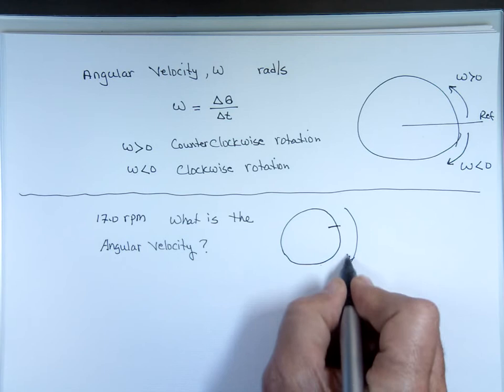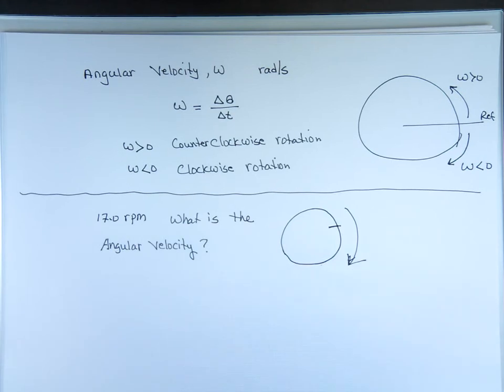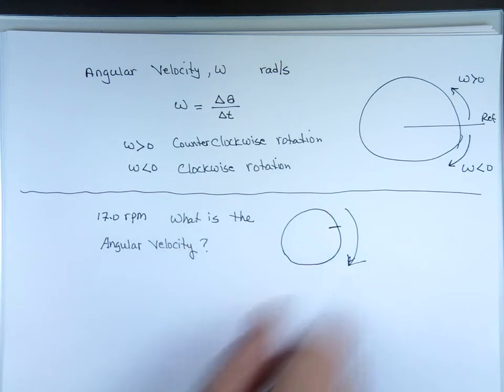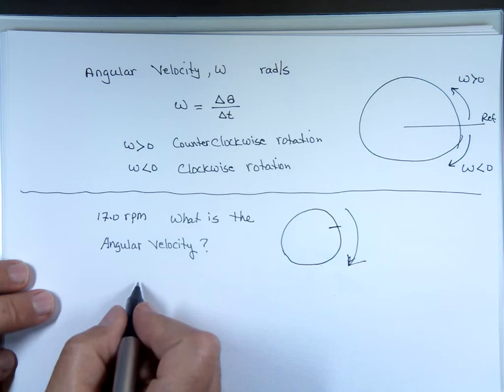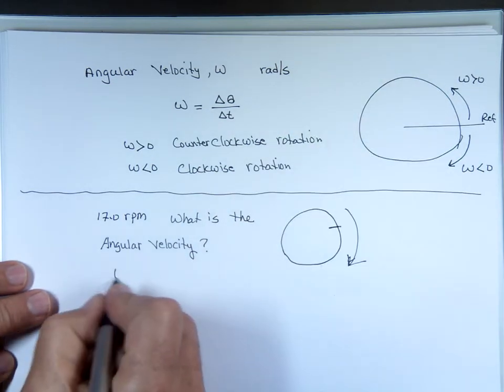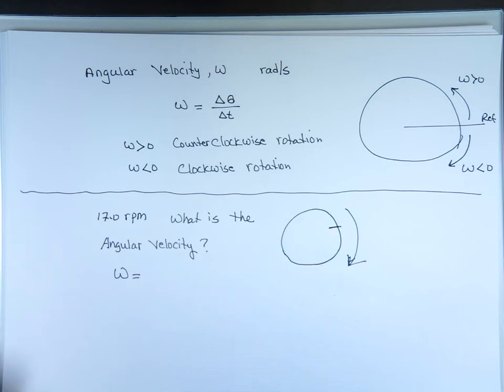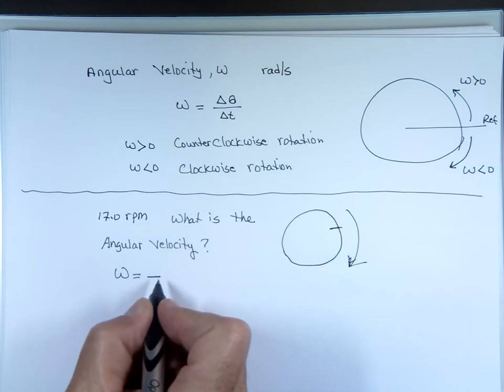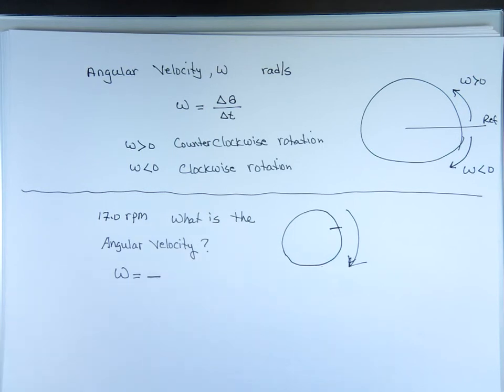Now, every time I turn on the TV, if that show was on, I saw the person grab it high and pull down, so they spin it in this direction, going clockwise. So W should be what? If you're going clockwise, W is negative. Clockwise is negative, counterclockwise is positive.